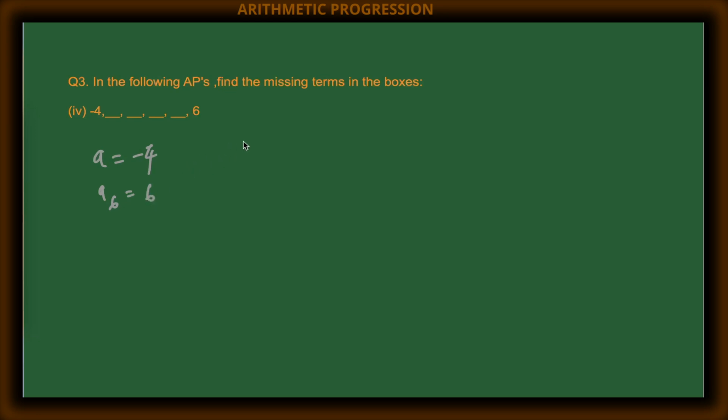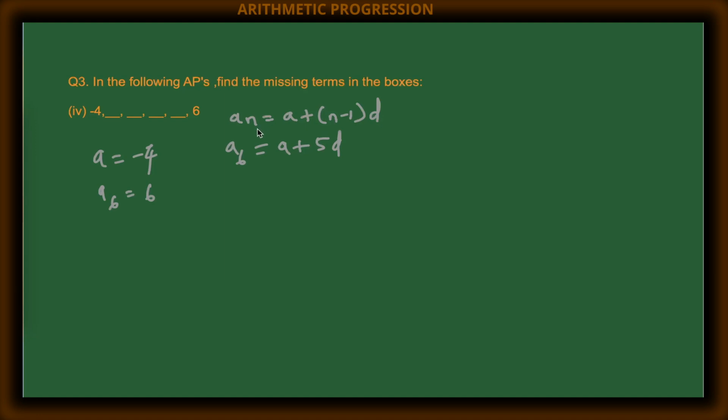So let's find D. How does A6 look with the general form? A6 is equal to A plus 5D. Let me recall: An is equal to A plus (n minus 1)D.